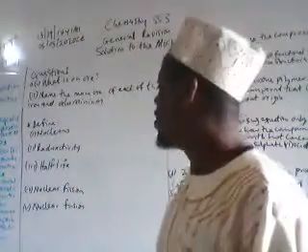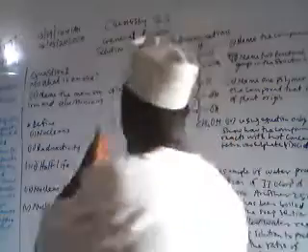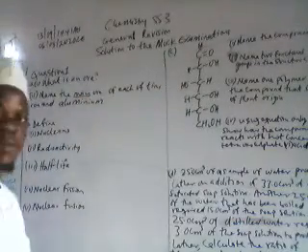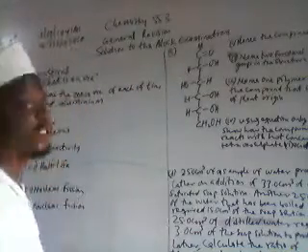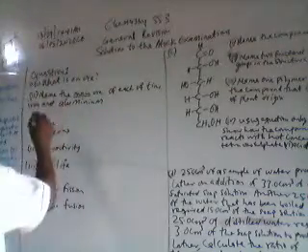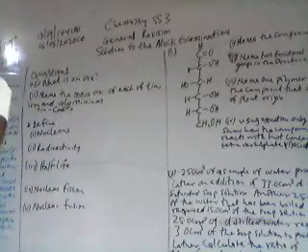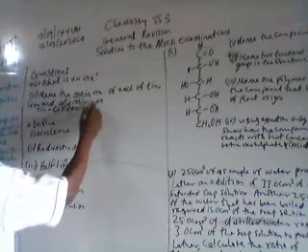Then question 1A2, you are asked to state the main ores of each of the following. Now look at the word main, because some of the metals have many ores, but the question is the main ores of each of them from which the metal can be extracted. So the main ore of tin is cassiterite, or simply tin stone.